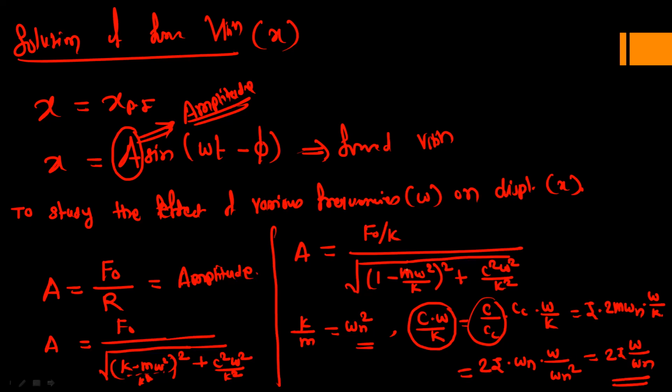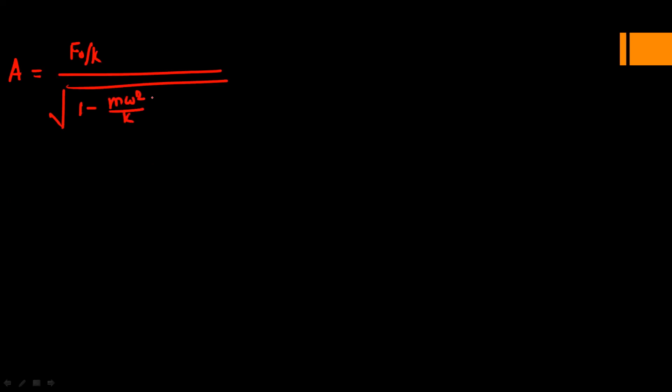Now put these values in this equation. So A is equal to F0 upon K, and the denominator is 1 minus M omega square upon K, and C square omega square upon K square.